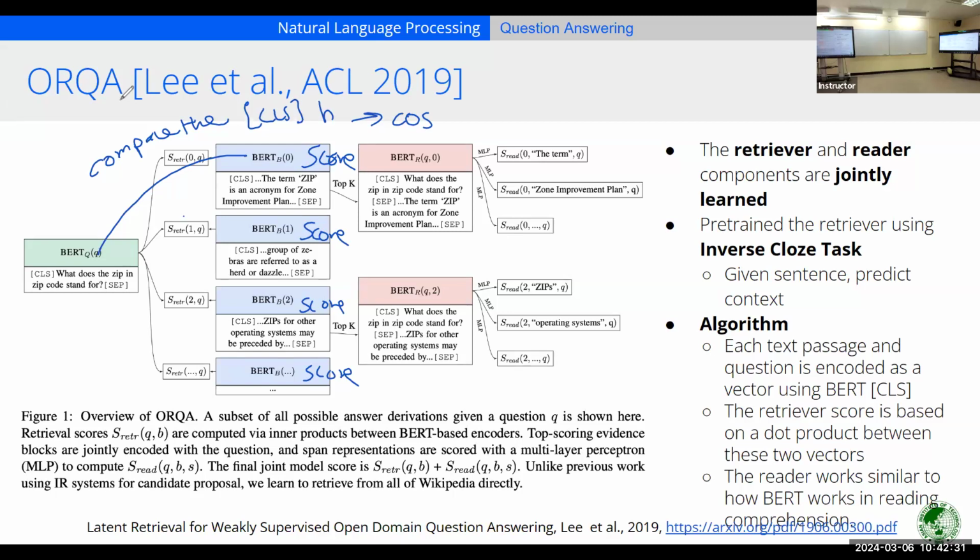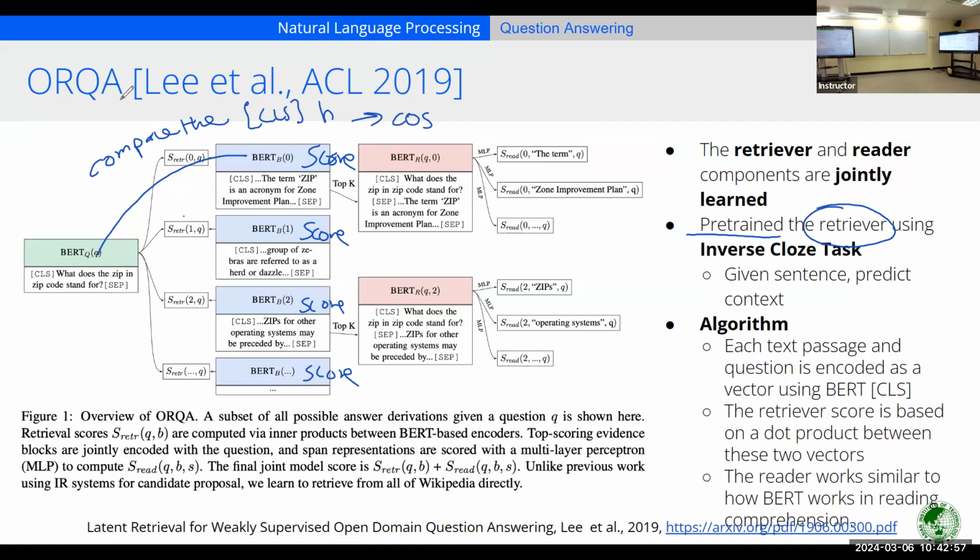So what does Professor Lee do? Professor Lee takes the BERT and pre-trains it further. You need to understand the word when I say further pre-train. Further pre-train means the BERT is already pre-trained, then they pre-train again.